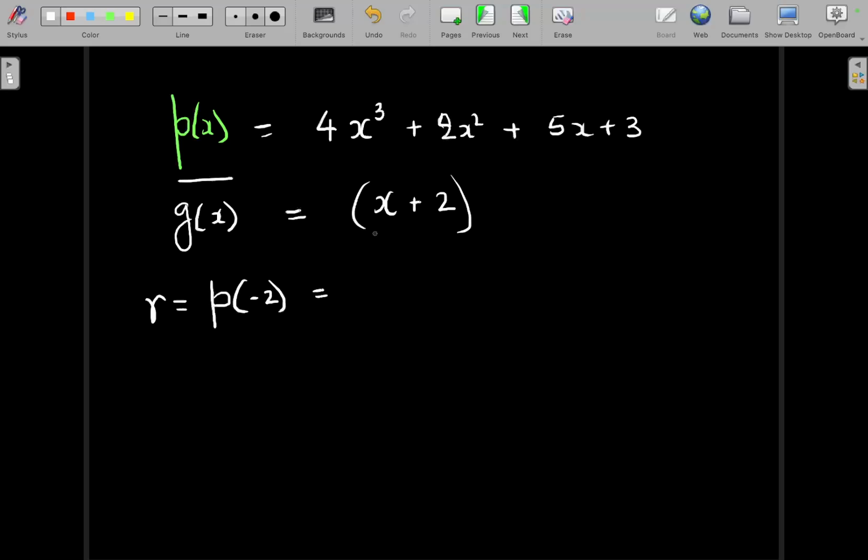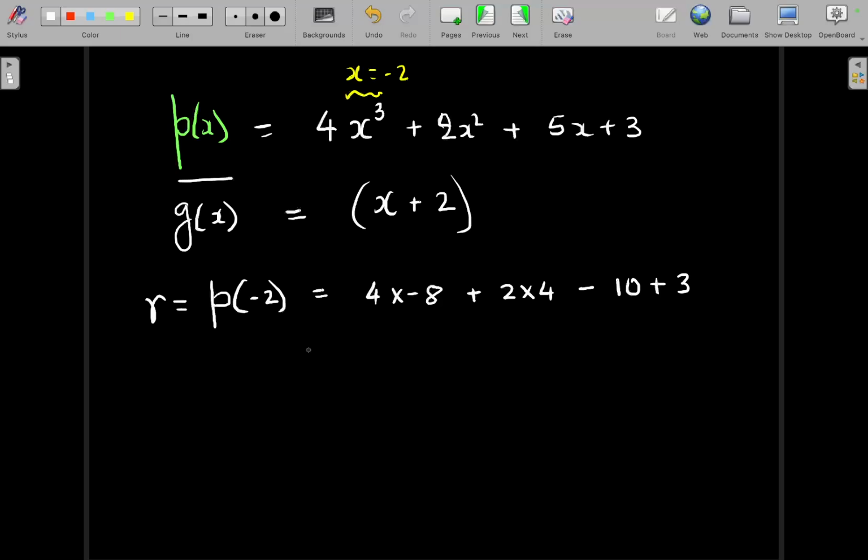So let me put the value of x equal to minus 2 everywhere, and what do I get? 4 into minus 8 plus 2 into 4 minus 10 plus 3. Let's evaluate this.